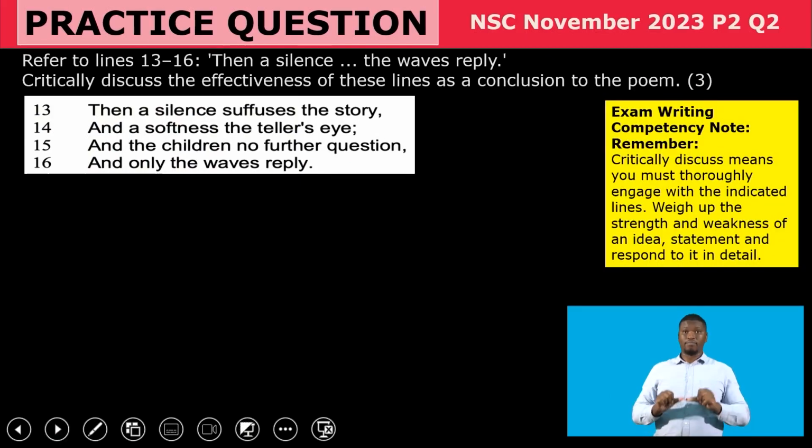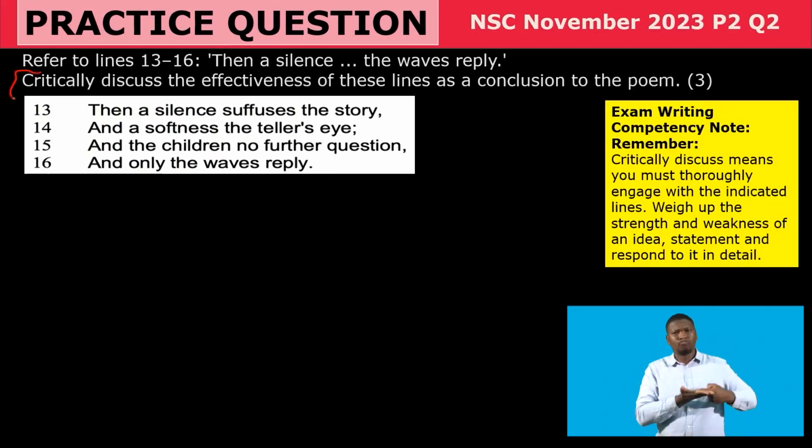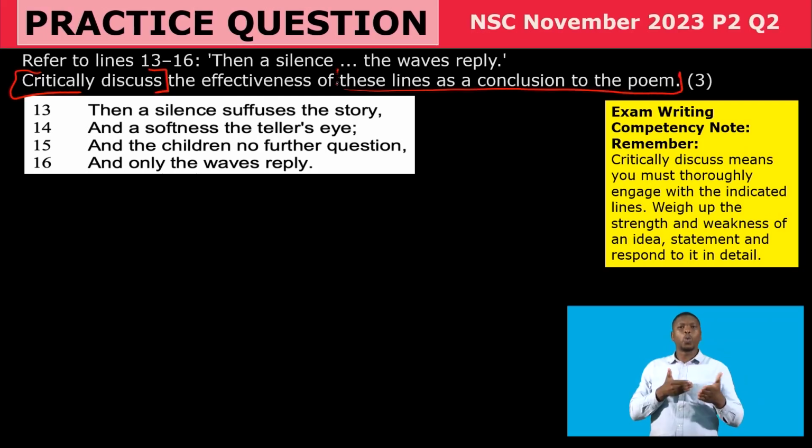Now, critically discuss. This means to give a detailed account of what it means, to thoroughly engage with the indicated lines and refer to the strengths and weaknesses of the idea. So, the effectiveness of these lines as a conclusion to the poem.